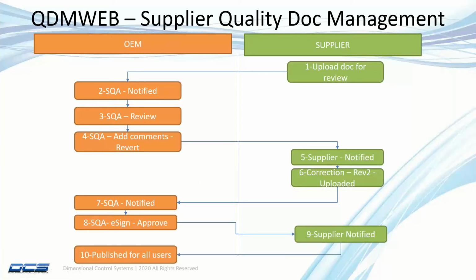Now it's available for all publishers. So steps 1 through 9 only happen between the supplier contact person and the SQA at the OEM end. Nobody can see these interactions until it's approved and the SQA signs it. Now it becomes a published document for anybody navigating to that inspection program.